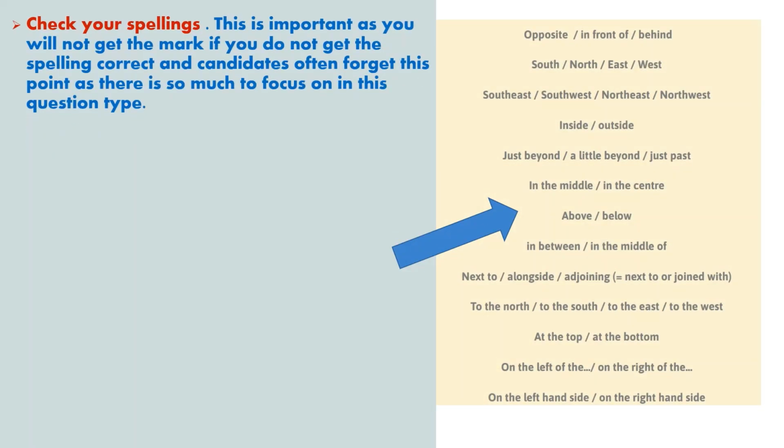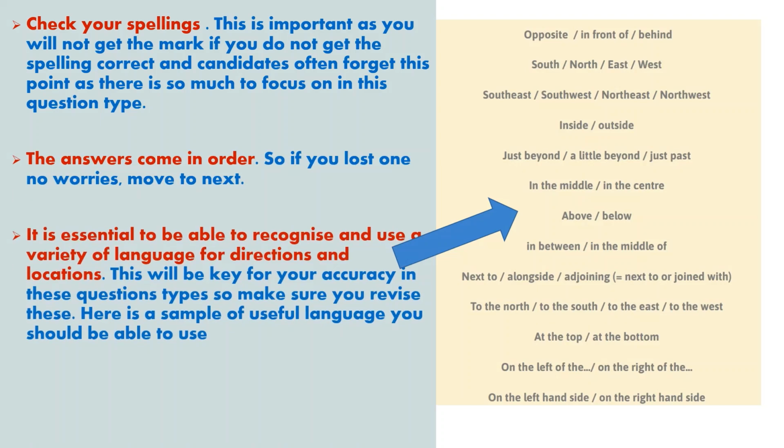These are the most important words that you're going to hear in your IELTS map listening. These are the directional words. Okay, these are the directional language that we hear, that lets us know where we need to trace, where we need to go. Opposite to, in front of, behind, south, north, east, west, next to, alongside, adjoining.